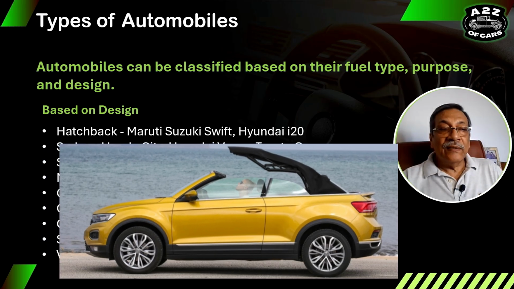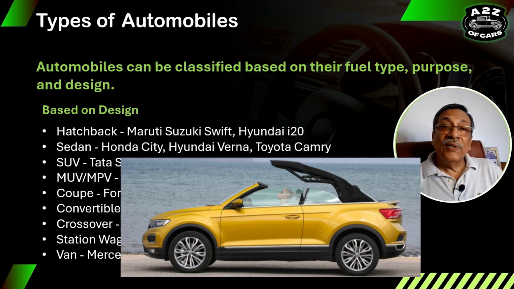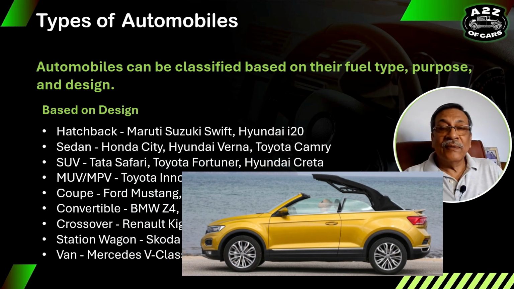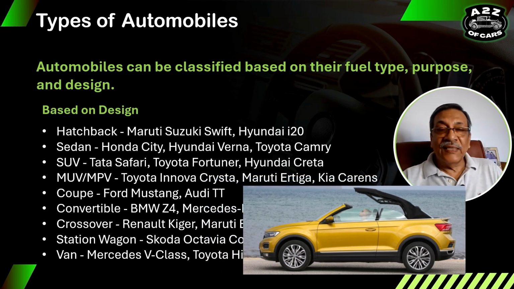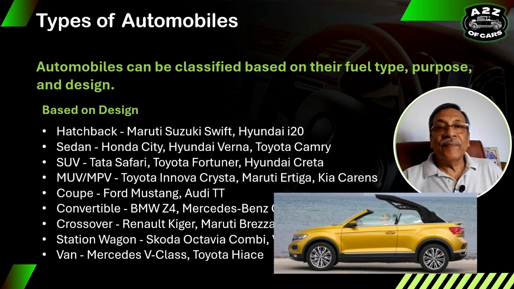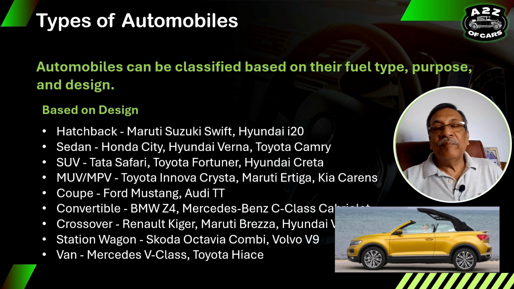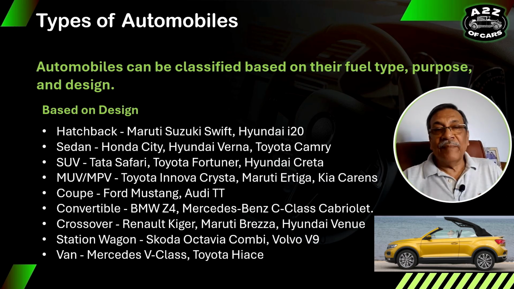You might have seen cars in some of the James Bond movies or olden movies. The roof actually opens. It's made up of rexine or canvas. So they are convertibles. BMW Z4, Mercedes-Benz C-Class. These are some of the examples.